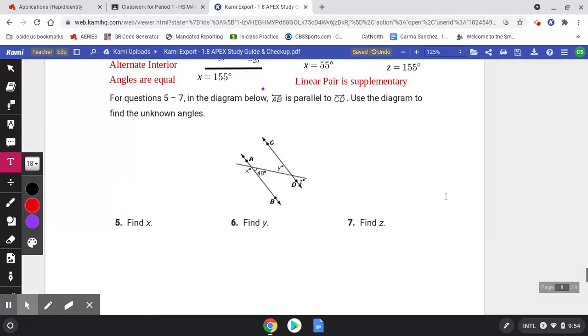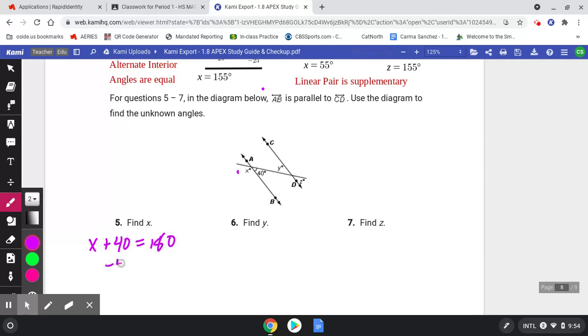All right, given this image, they want us to find X, Y, and Z. So X is right here. Notice that X forms a linear pair with the 40. So we're going to say X plus 40 equals 180. And then we're going to minus 40 from both sides. And we get X is equal to 140 degrees. And then we write our reason.